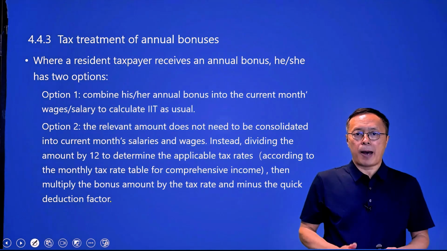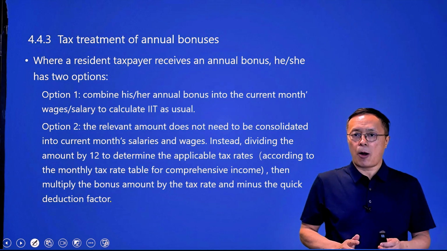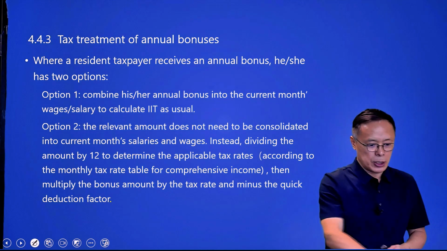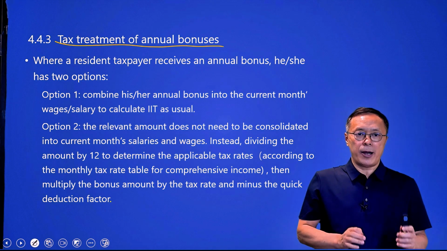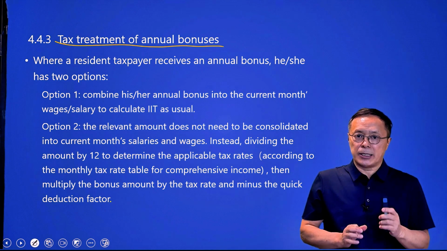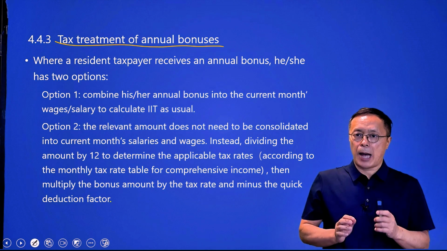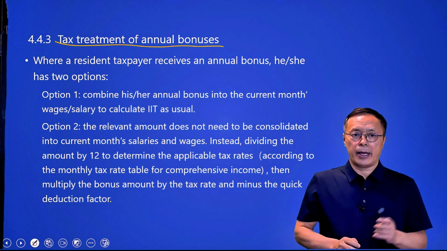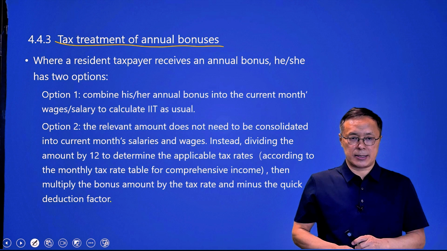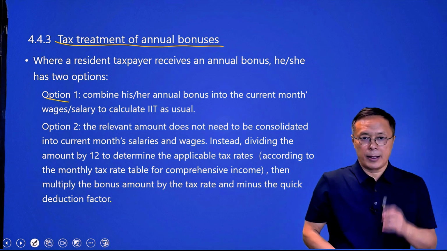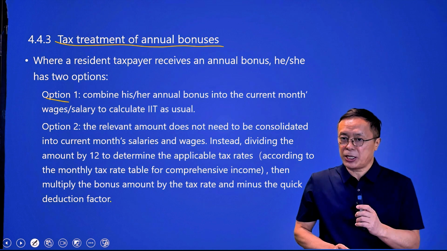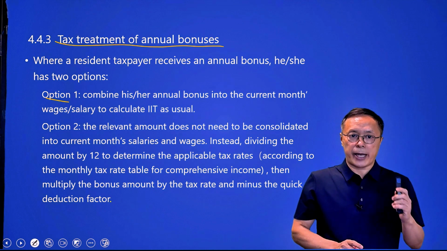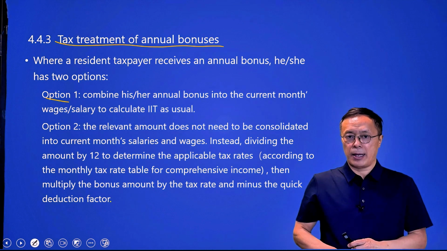Now we are talking about the special situation of comprehensive income: tax treatment of annual bonuses. Where a tax resident receives an annual bonus, to calculate the IIT, he or she has two options. Option 1: combine his or her annual bonus into the current month's wages or salaries to calculate IIT as usual.